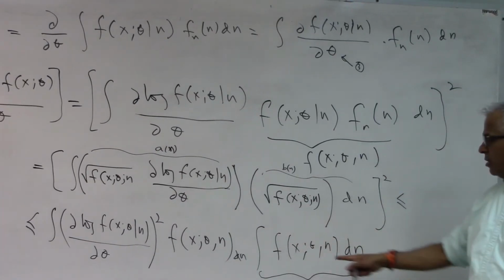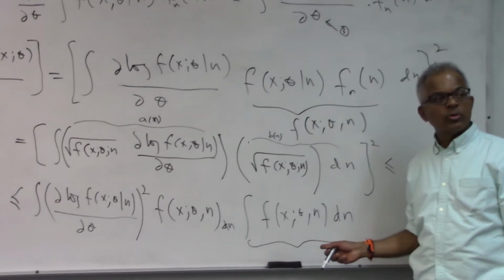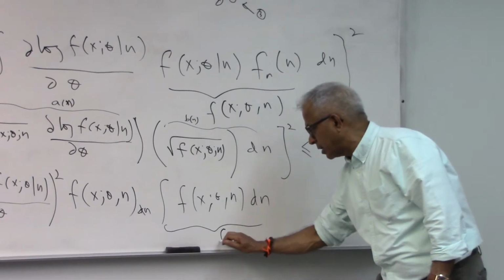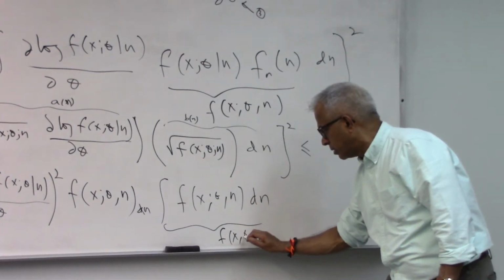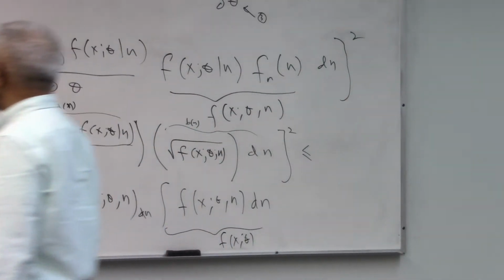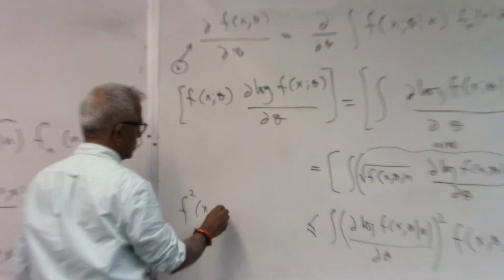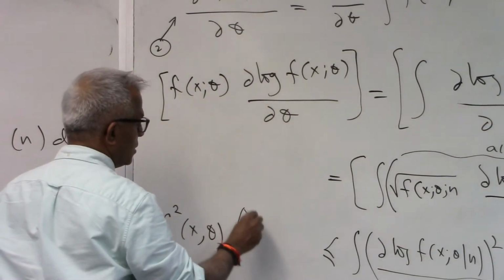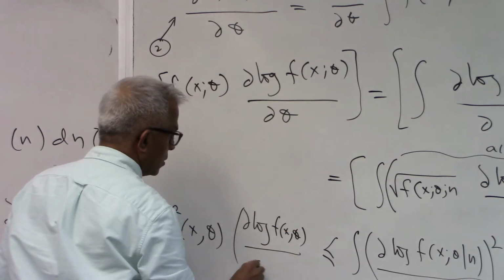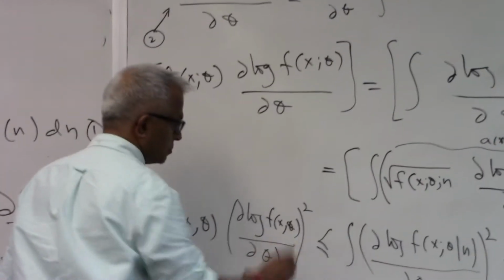Once you integrate this density function over n, what do you get? f of x comma theta. So I can write this as f of x comma theta. And look at the left side. The left side is simply f squared of x comma theta multiplied by d log f of x comma theta d theta, squared, right?